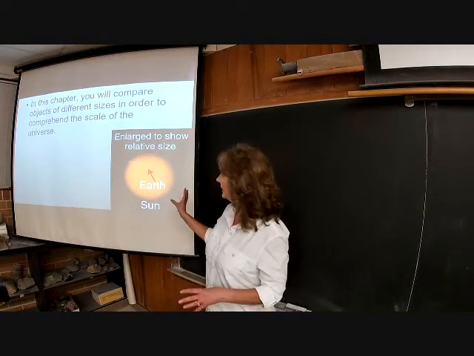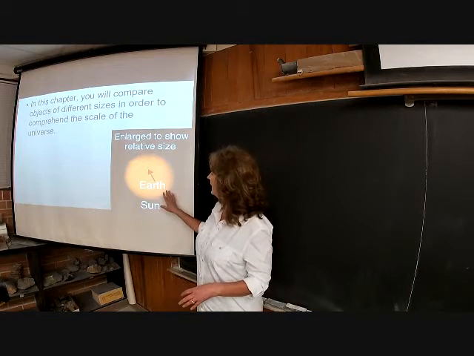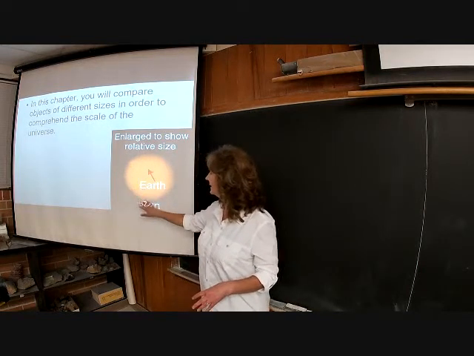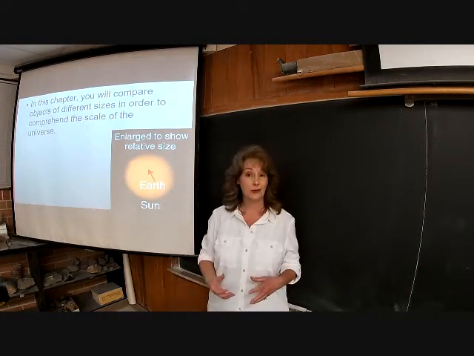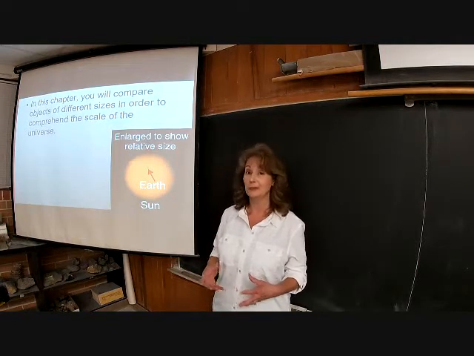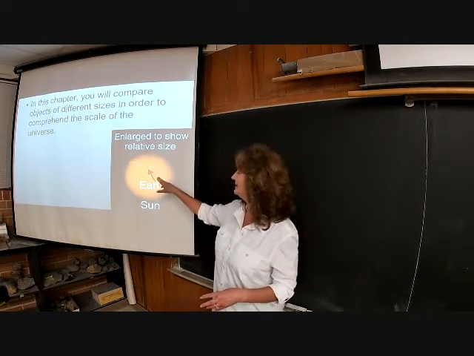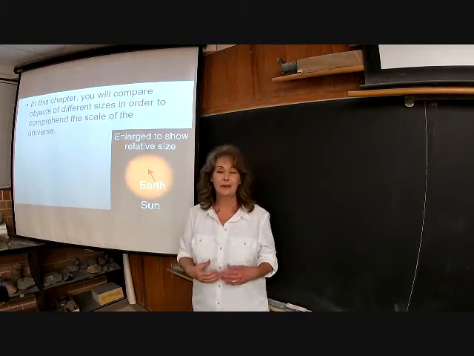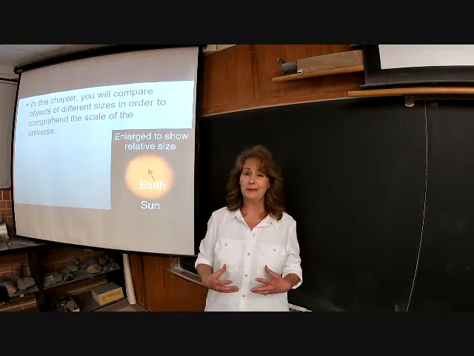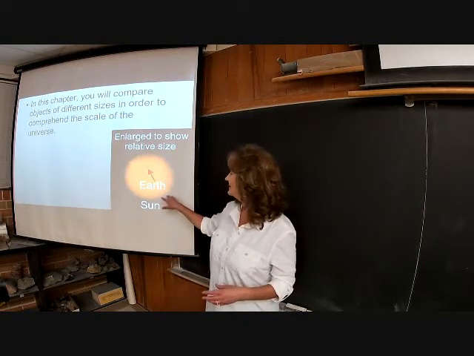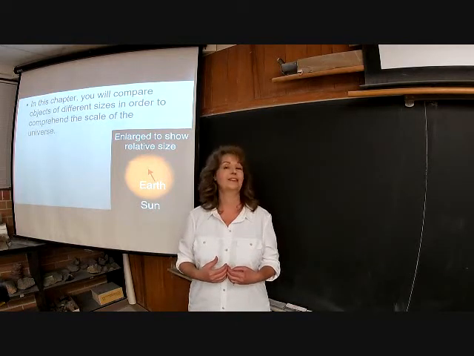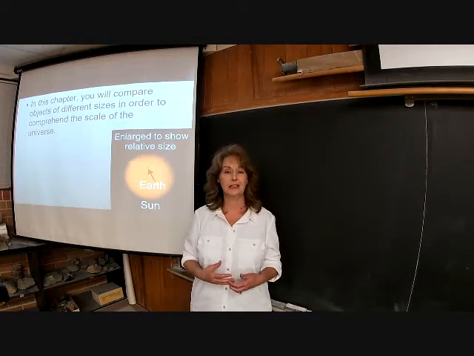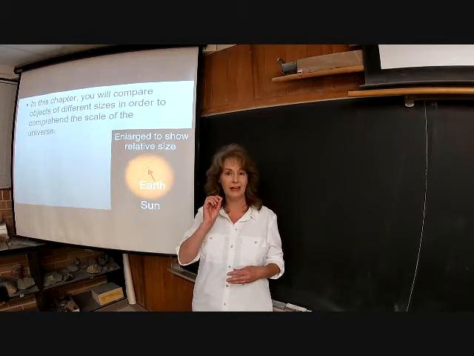Right here, here's some scale. Let's say the sun compared to the earth. The sun's pretty large in comparison to the earth that we live on, and we think, yeah, the earth is pretty big. But in comparison to our closest star, the sun, it's pretty tiny.